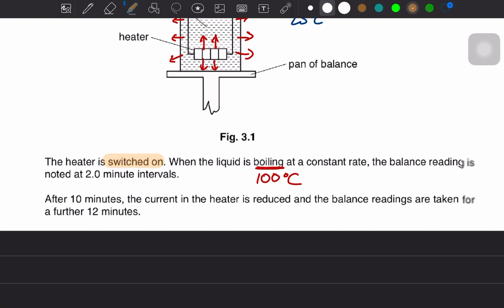So because of the heating of the heater, the liquid is heated up until it reaches its boiling point.